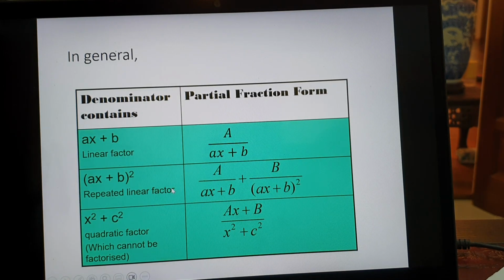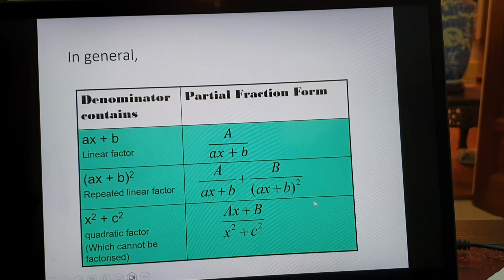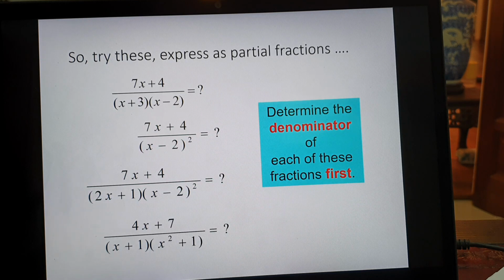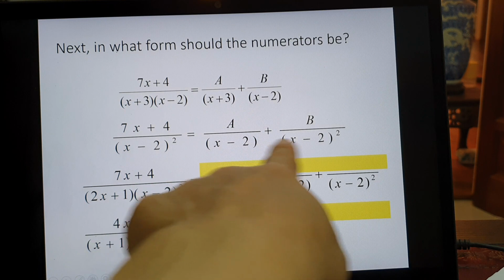So this is a summary for partial fraction. Okay, what you should be writing them. Now you can pause the video and try these. What you should express them as. This one is very simple, it's all linear, so put all A and B. This one is repeated, so power 1 and power 2, as in power 1 times power 2 times.